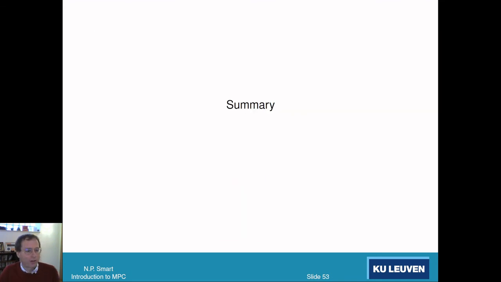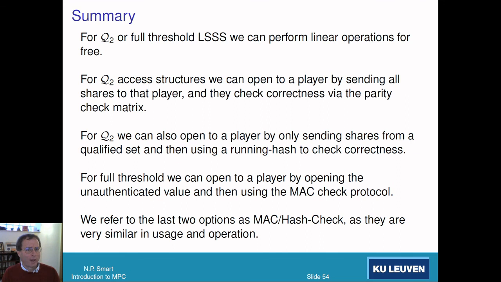So what's the summary so far? We have that Q2 or full threshold linear secret sharing schemes can compute arbitrary linear operations for free, very fast. With a Q2 access structure, we can open to an individual player. If everyone wants to send their shares to me, I can check that all shares are consistent via the parity check matrix.